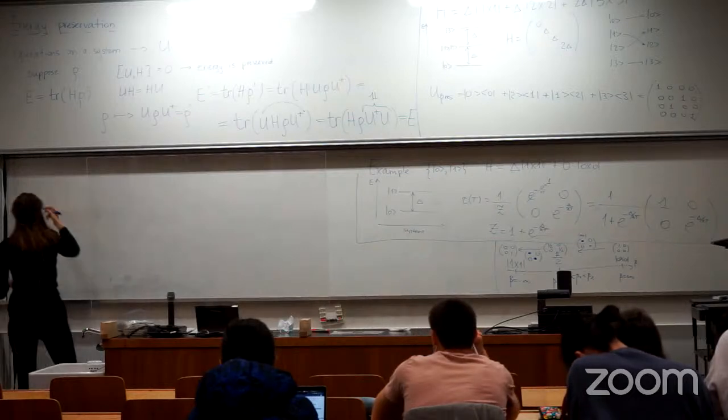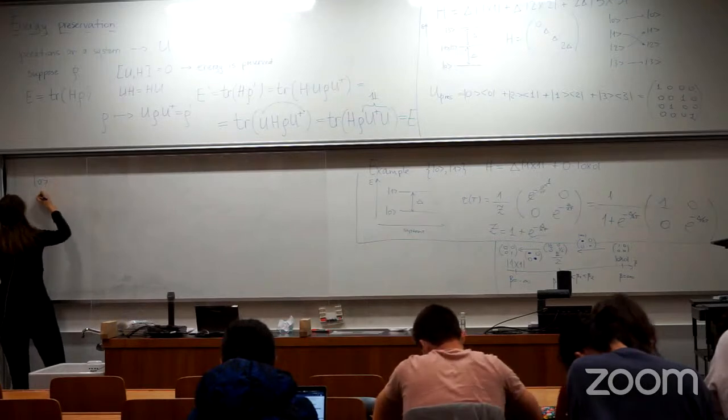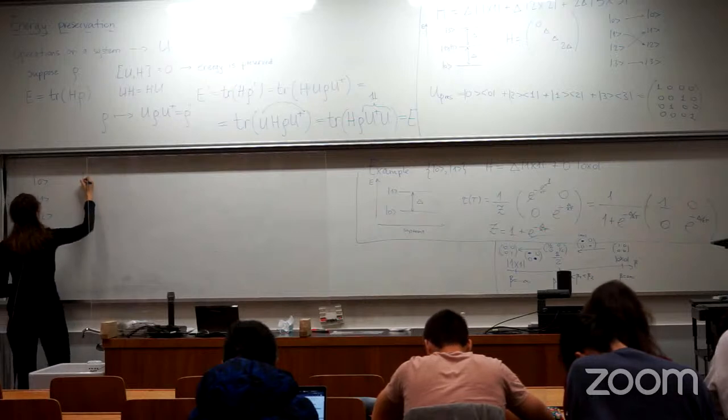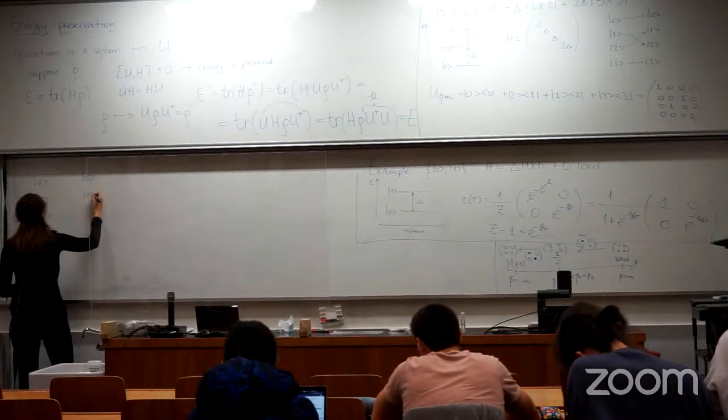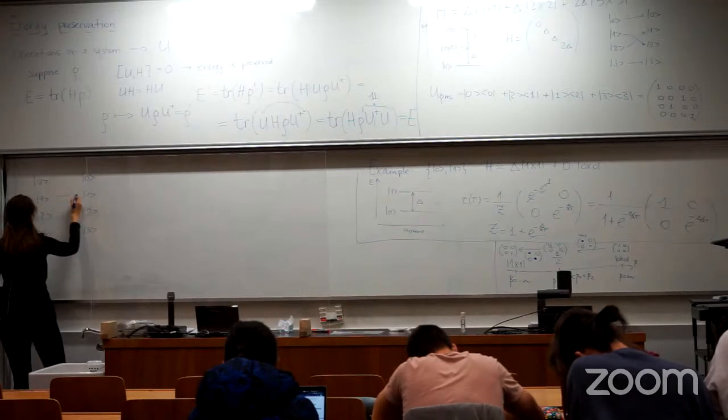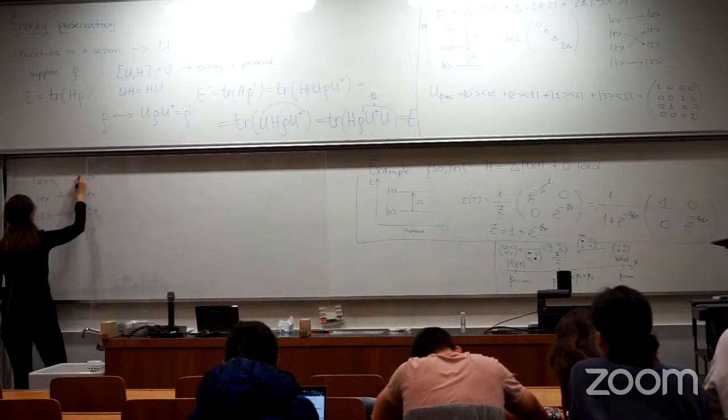So say 1 and 2 stay the same, and 0 goes to 3, 3 goes to 0. Exactly.